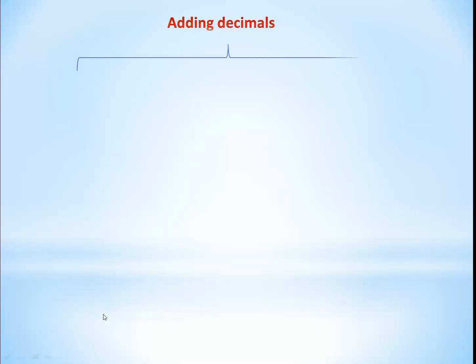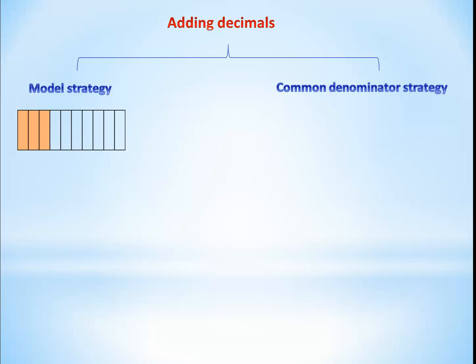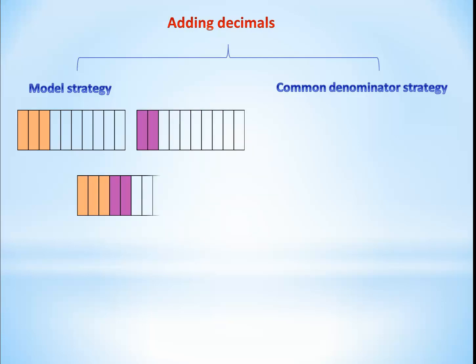Adding decimals. We have 2 strategies for adding decimals: model strategies and common denominator strategies. If we use model strategies, here we have 3 tenths and 2 tenths collected together in one part. So it will be 5 tenths.